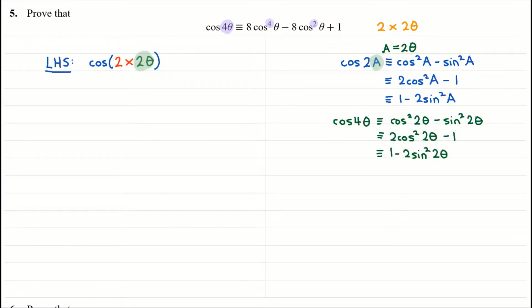With A being the 2 theta all the way through.